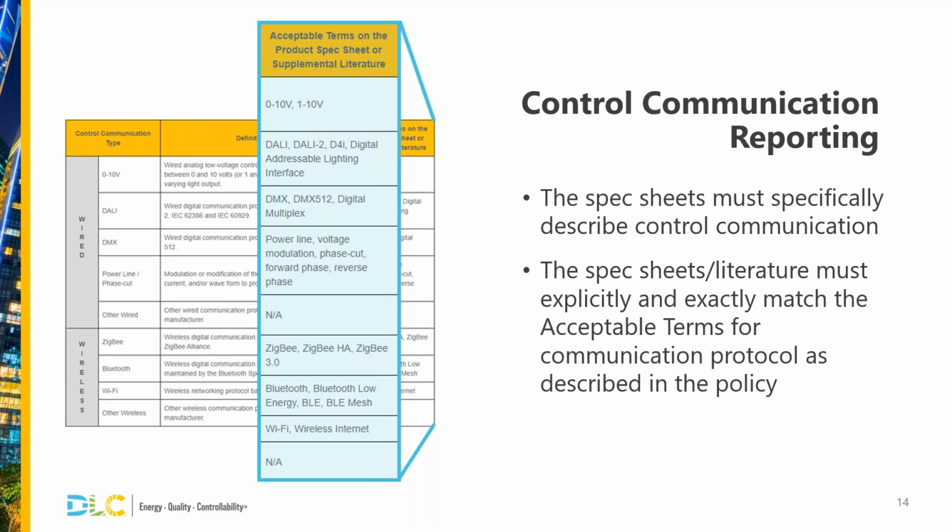Those acceptable terms are listed here, and we encourage you to ensure that your spec sheets list those terms exactly and explicitly so that a reviewer does not have to reach out to you for clarification. The only areas where you do not have to list a specific term is in the other categories, where it is up to the manufacturer to list whatever they specify there.